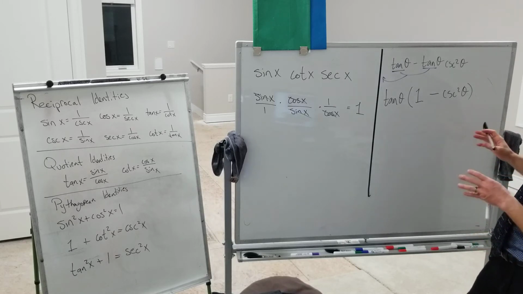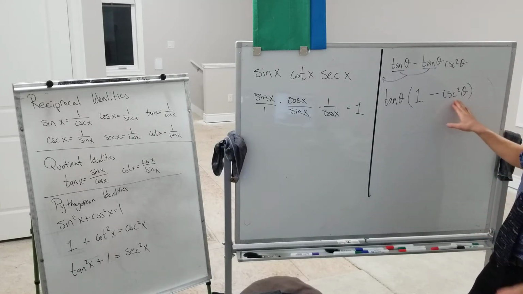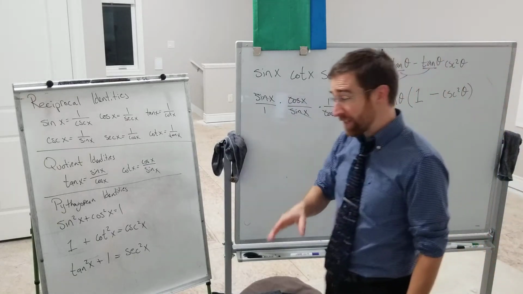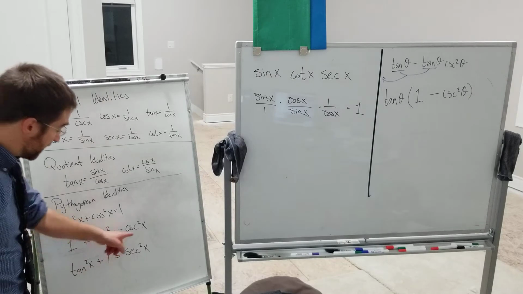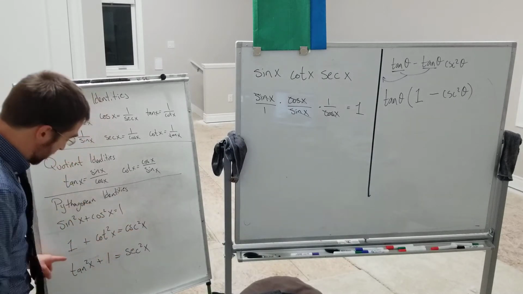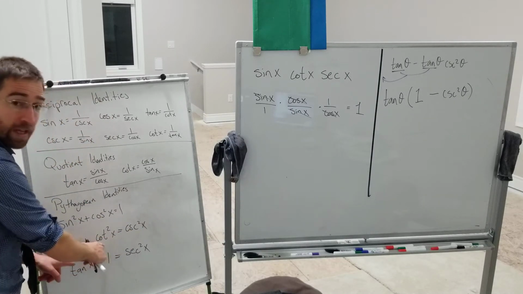Well, what I want now is I notice, hey, I got a cosecant squared. If I have a cosecant squared, that tells me I probably want to use one of my Pythagorean identities. And I know cosecant squared is equal to 1 plus cotangent squared.